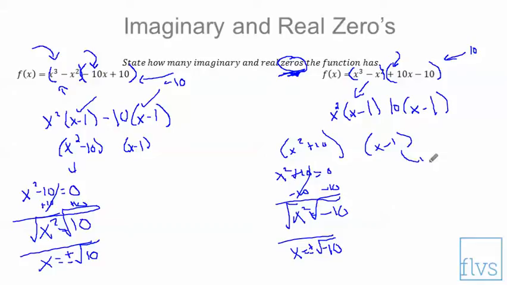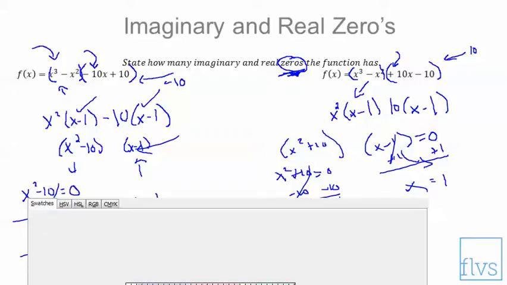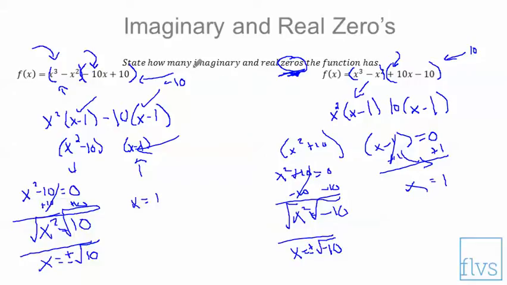And we already know the x minus 1, because we just did that over here. Actually we didn't do it, so let's go ahead and do that. Let's set it equal to 0. Sorry about that, I forgot that one. I'm going to add 1 to both sides, and you get x is equal to 1. This is the same exact thing over here, so we know x is equal to 1. What you're being asked in this particular question is to show how many imaginary and how many real zeros.